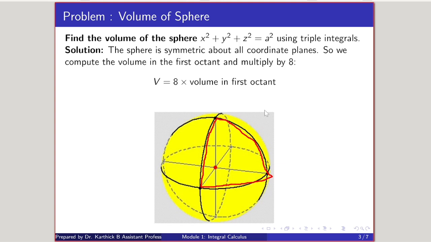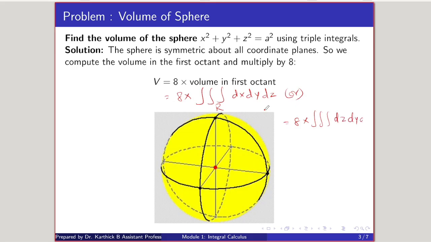Okay. So how do we solve this? By using a triple integral. While finding this, the general form of the triple integral is either you can use dx, dy, dz, or else 8 times the triple integral dz, dy, dx.